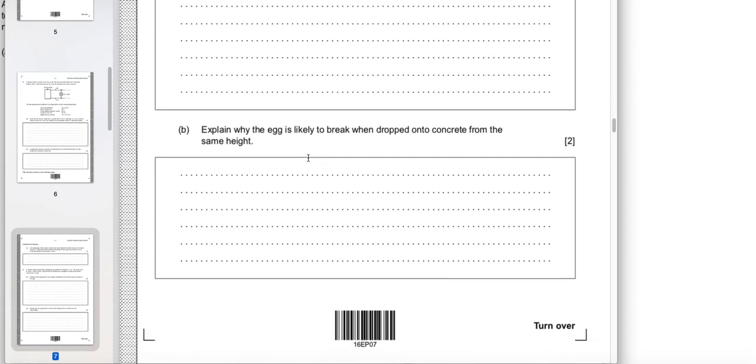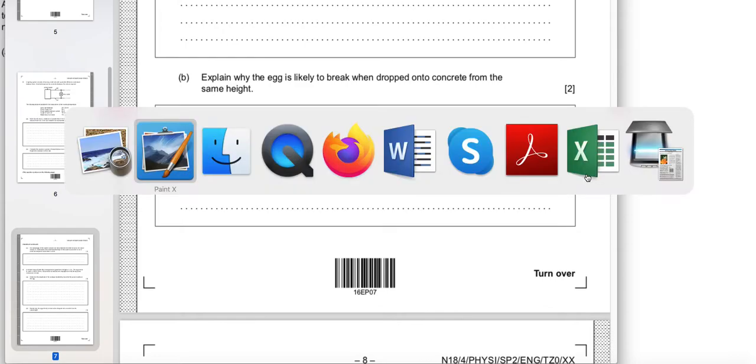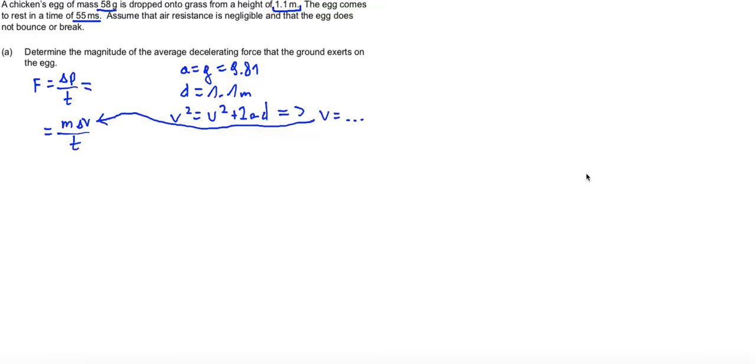Second, explain why the egg is likely to break when dropped onto concrete from the same height. In the case of concrete, of course, the time of collision is reduced. So the time of collision is shorter. If the time of collision is shorter, then in this equation we have the same numerator but a smaller denominator, which means that the force is much bigger.